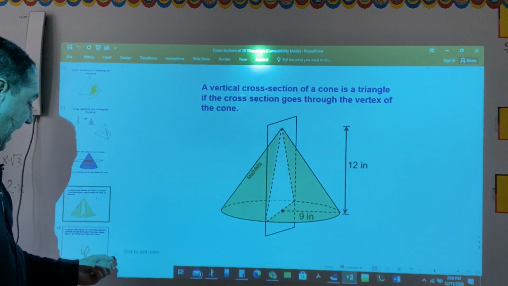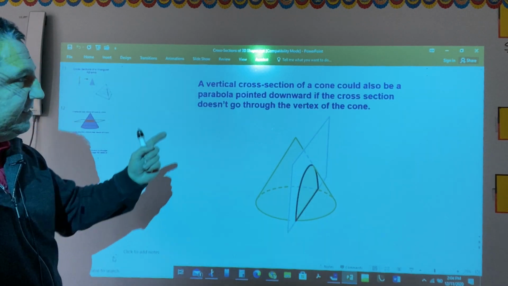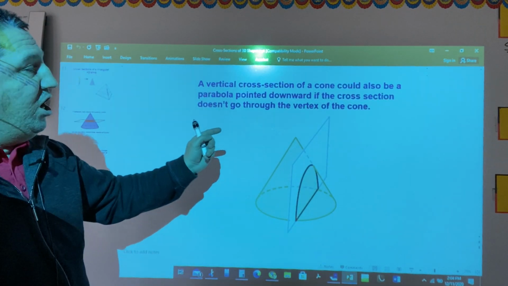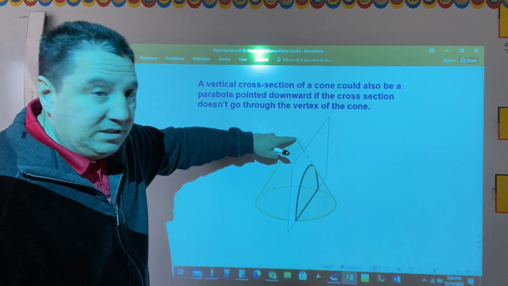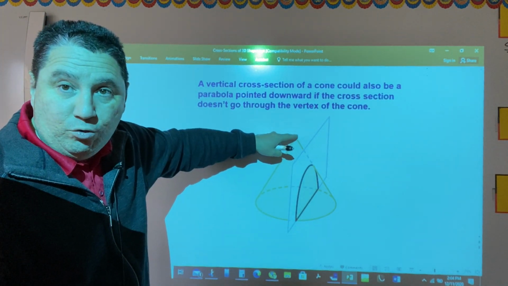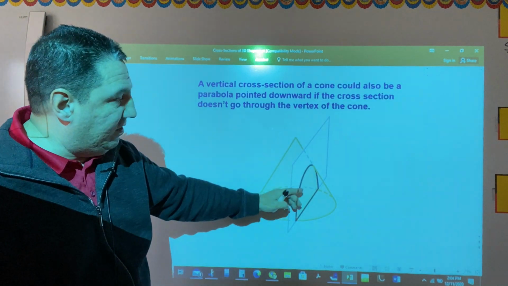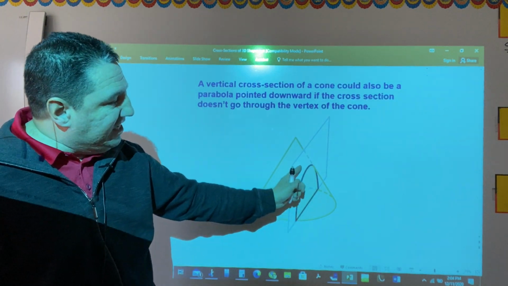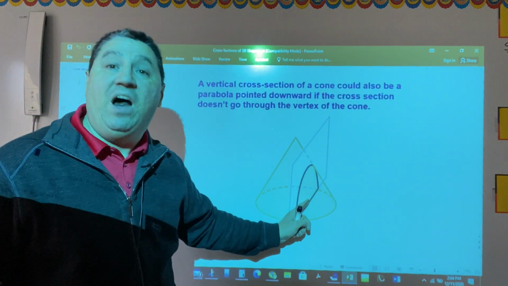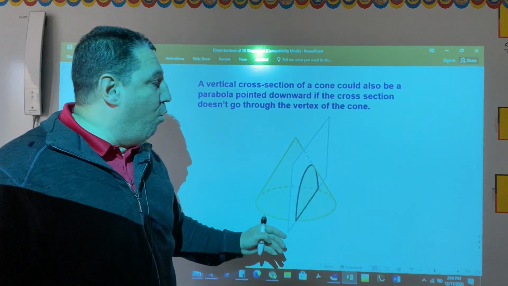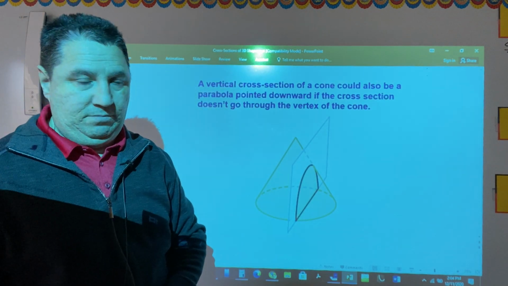Now, what happens if we cut the same cone by a plane that doesn't go through its apex, like here? As we can see, the resulting cross section is a parabola, pointed downwards.